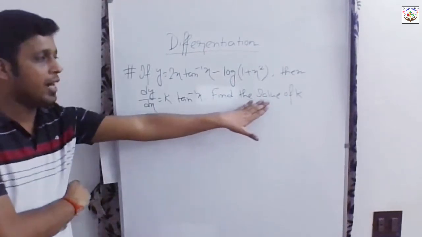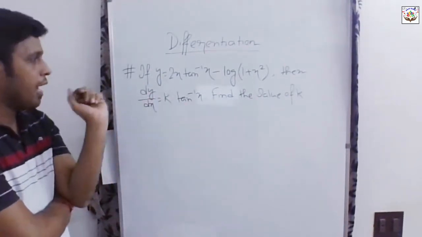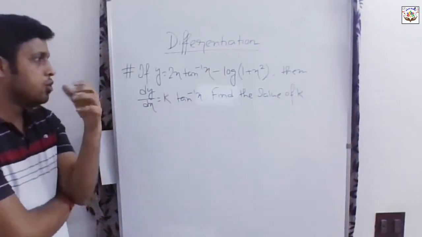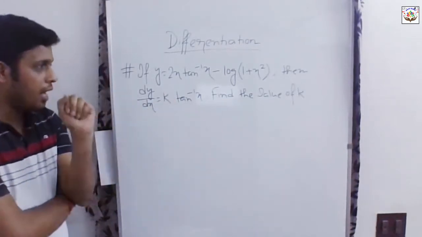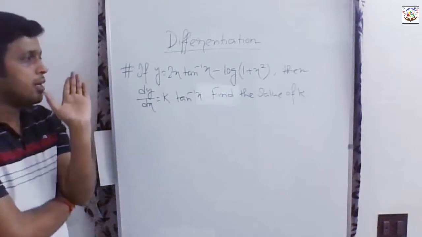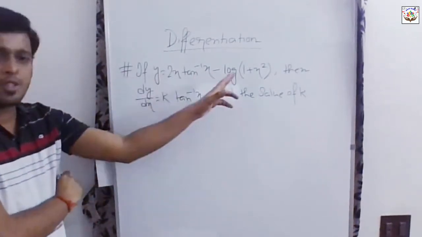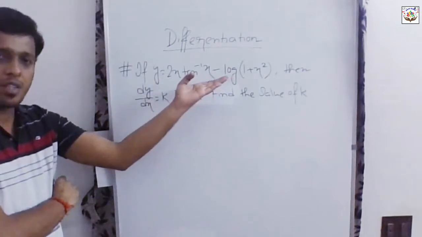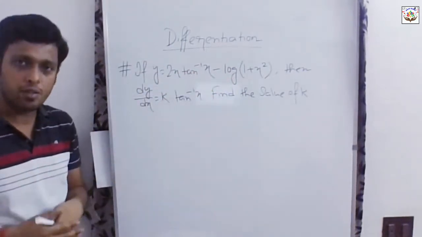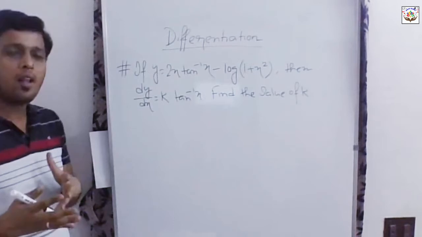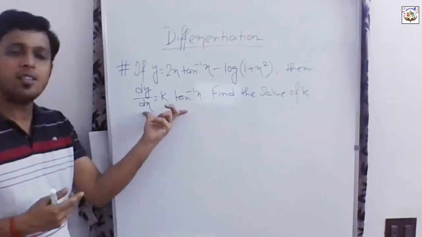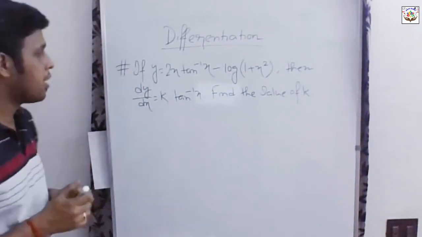So we need to find the value of k according to this condition. So what best we can do, we can try solving the dy/dx first. For that, we need to differentiate both the sides of this expression with respect to x. So let us do that at first and see whether we are getting this kind of format or not, right?